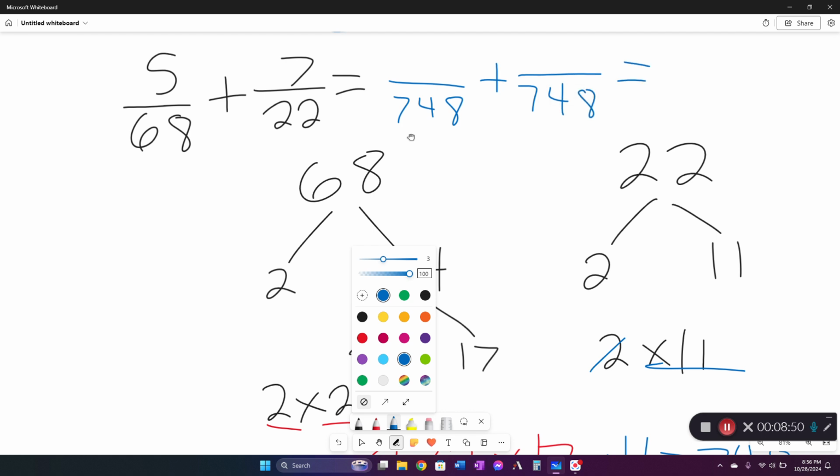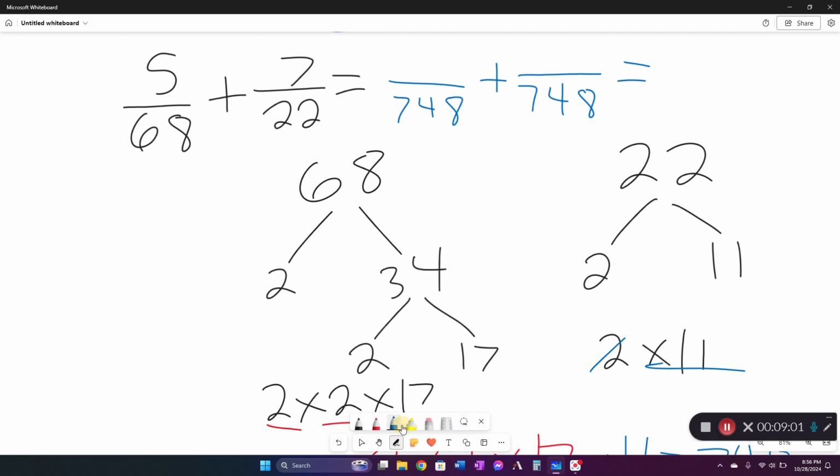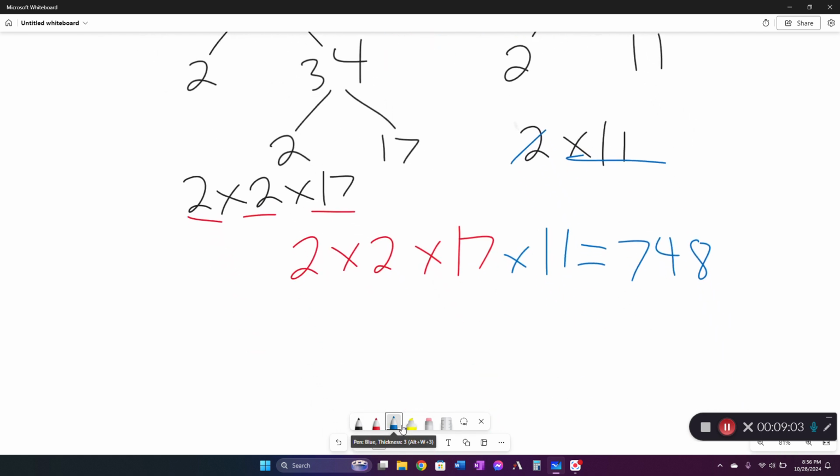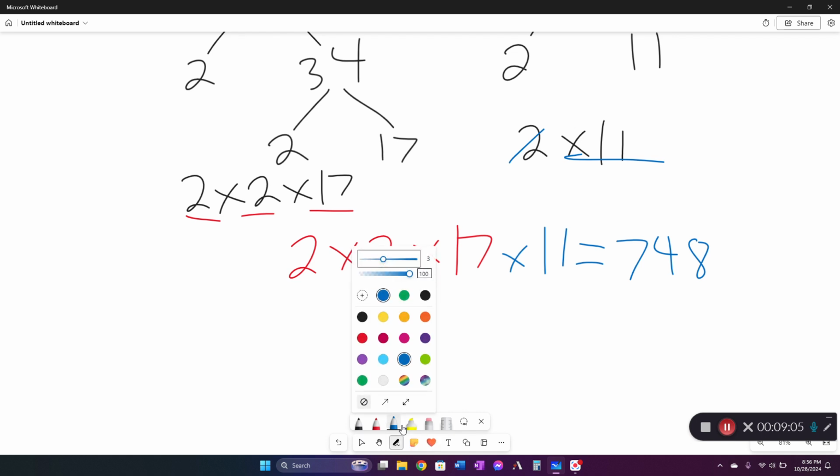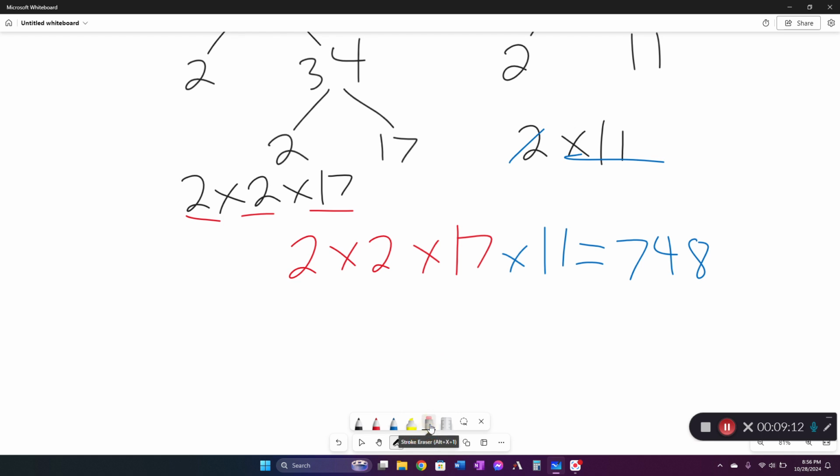Okay? So now we've got to figure out how we got from 68 to 748 and 22 to 748. Now remember, what we're going to do is find out what's missing. So let's do 68 first. 68 has a 2, it has a 2, it has a 17.